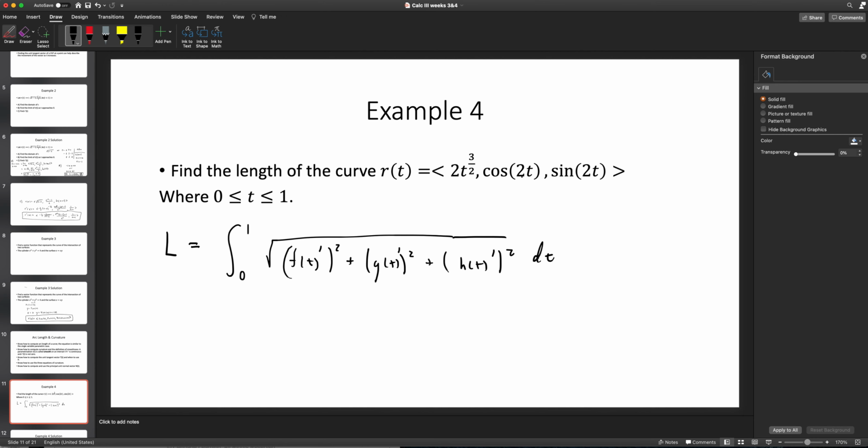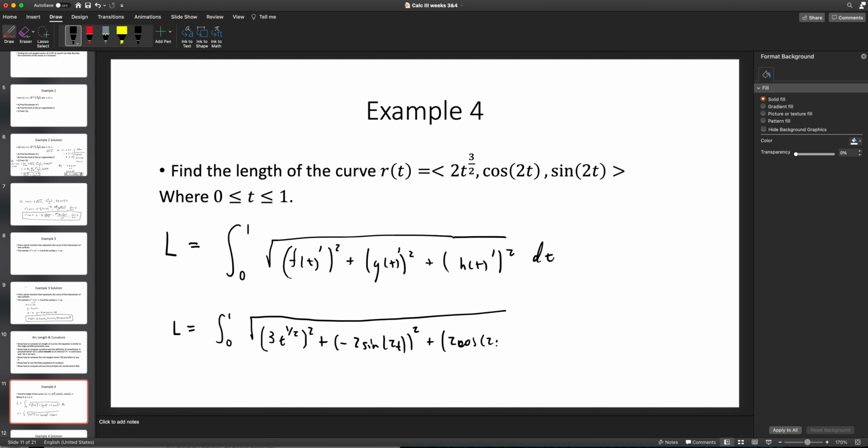We get 3t to the 1/2, squared, plus negative 2 sine 2t, squared, plus 2 cosine 2t, squared, dt.